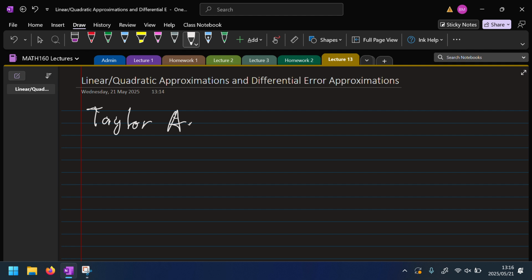We did the whole derivation with that, and we looked at a few examples. Now we're going to use that in our applications for function approximation. We're going to have some function, and we're going to approximate it and look at the error involved in that approximation.